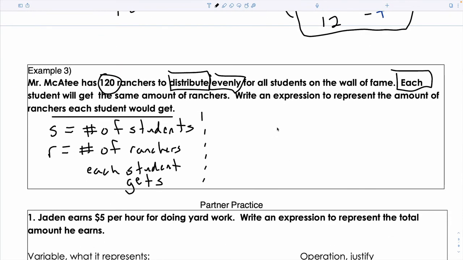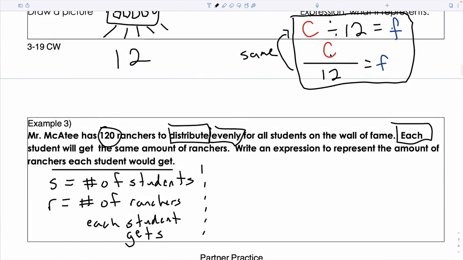Go. Why did you put the 120 on the top and not the S?